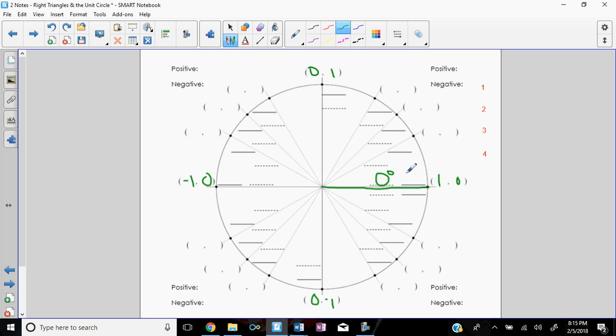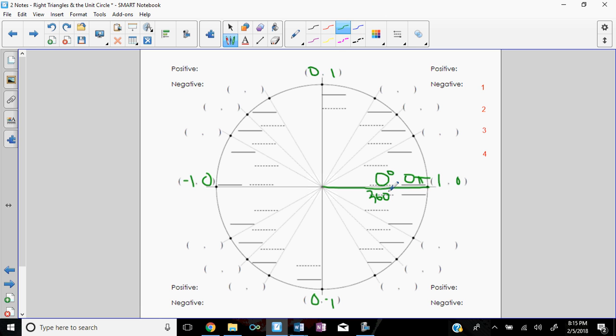And if I change 0 degrees into radians, remember our whole circle is 2 pi radians. So an angle that has an initial and a terminal side the same is just going to be 0 pi. Now if I were to go all the way around the circle, this angle would also correspond to 360 degrees.